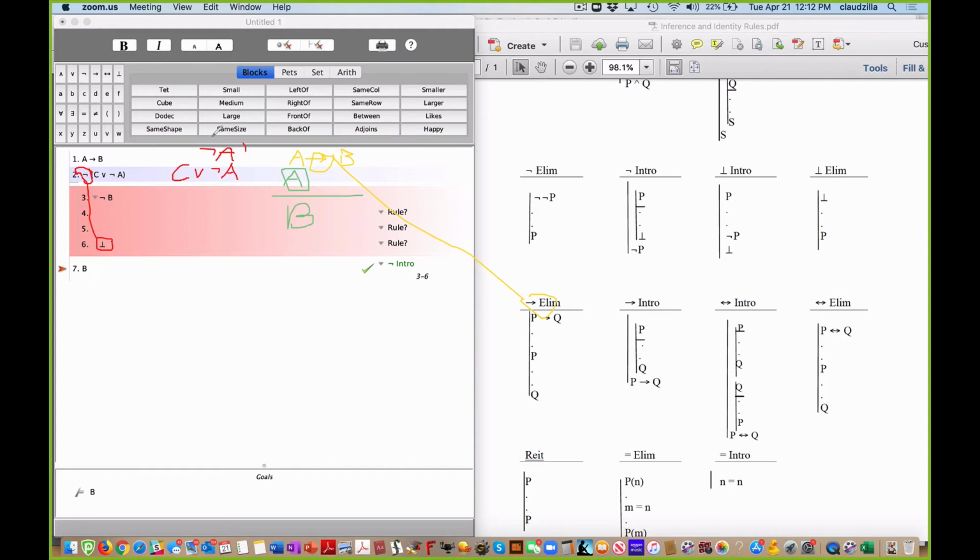So then the question is, well, how do I get not A? Well, remember that denying the consequent or modus tollens rule that we proved? You can get not A from the negation of the consequent at line 1.